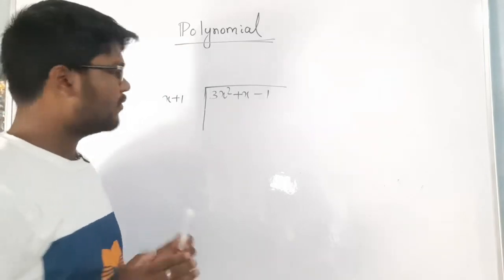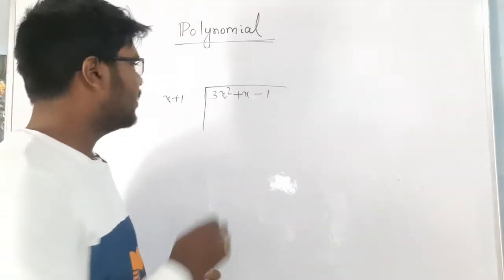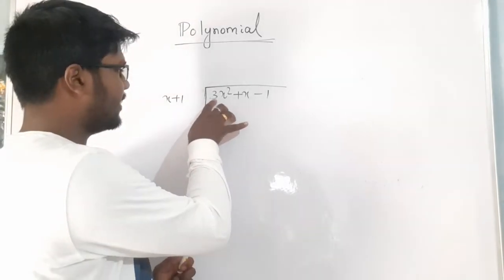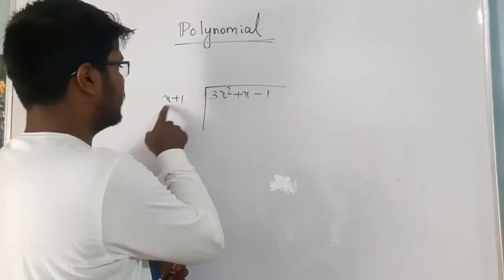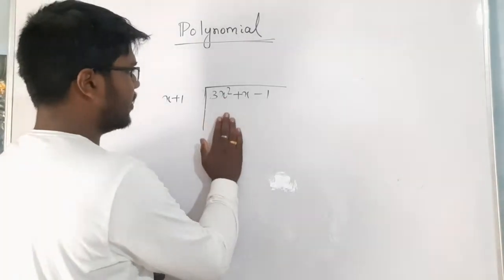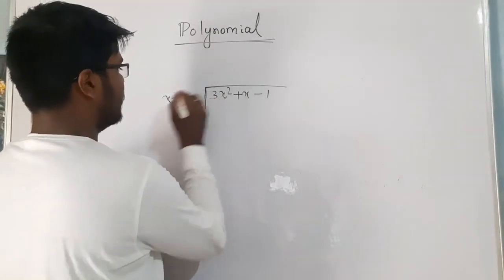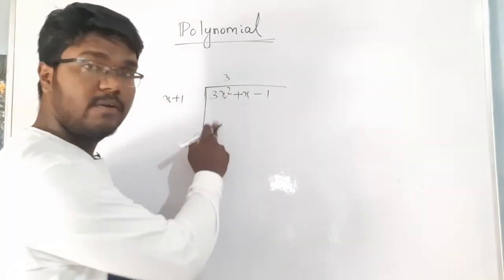So you see how to divide. To divide this, we first have to see its coefficient. What is the coefficient? Then we have to make its powers equal. To make its power equal, here the coefficient is 1, so if I write 3 here, then 3 times 1 is 3.